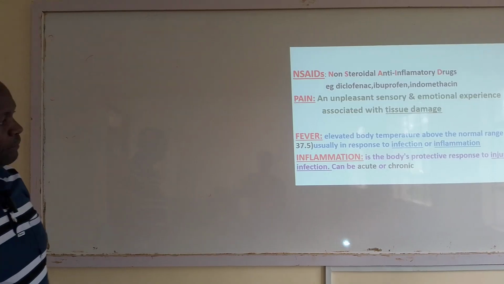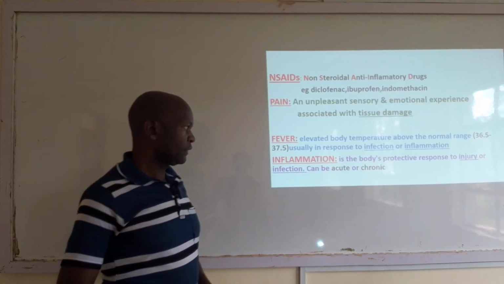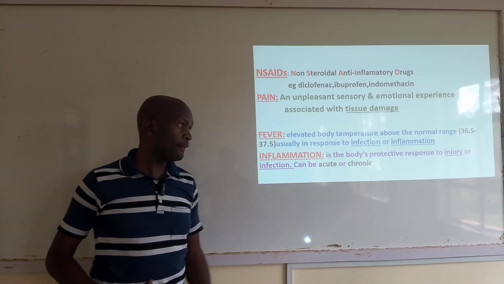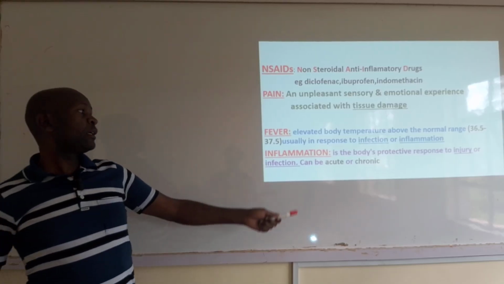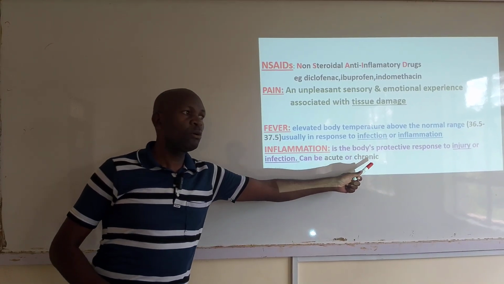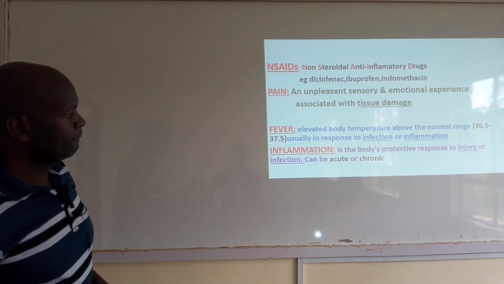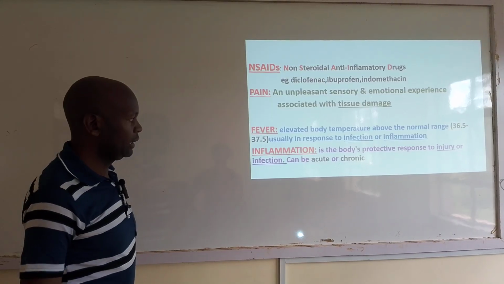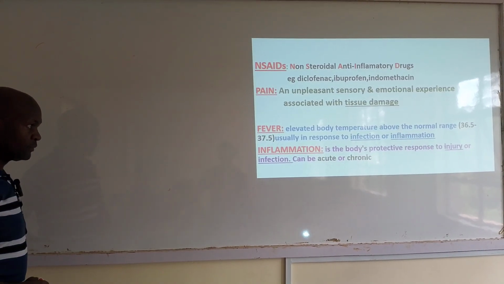And therefore, what is inflammation? We are saying it's just a protective response. And this response is particularly to an injury or maybe an infection. And you need to know that inflammation can either be acute or chronic. When we talk of acute, it means the inflammation occurs rapidly and exists in less than 2 weeks.